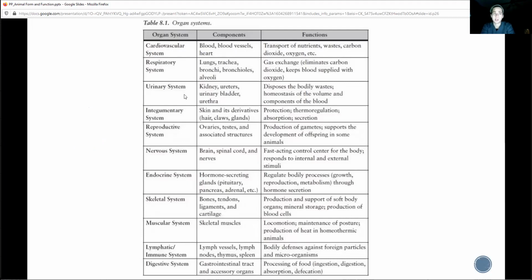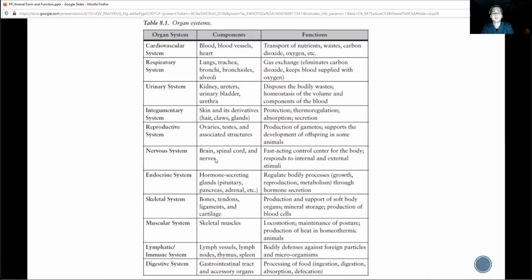You drink water, you got to get rid of it along with some wastes. Integumentary system, your skin. So skin derivatives. So hair, nails, skin. Reproductive system, pretty straightforward. Ovaries, testes, things that are producing sperm and egg and trying to get those together.